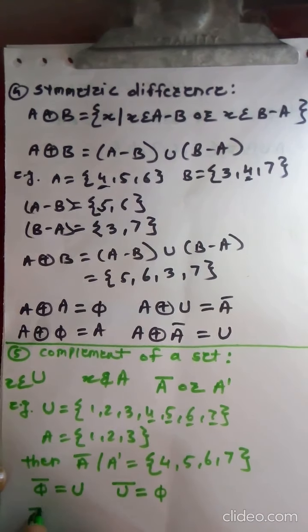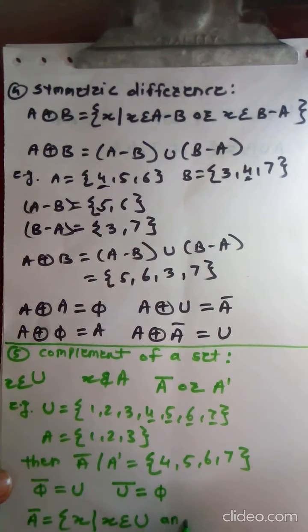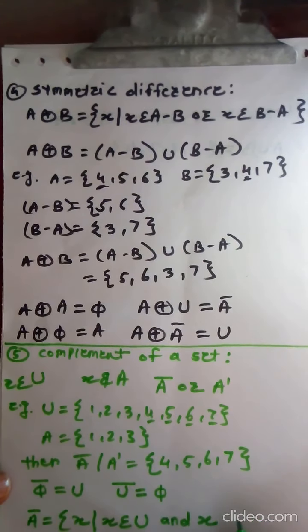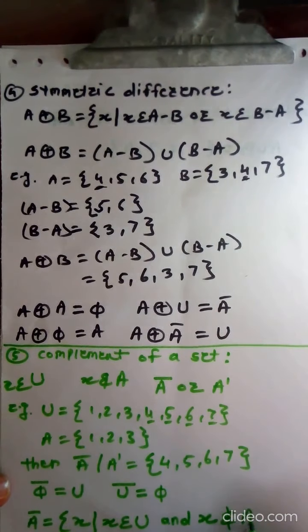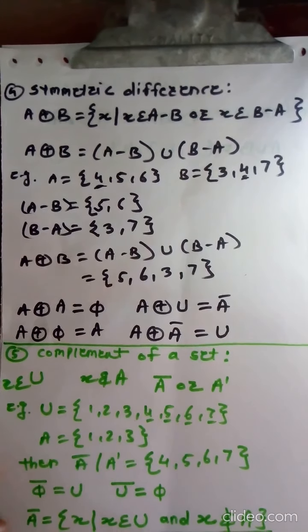So in short, A's complement is the set of x such that x belongs to the universal set and x does not belong to set A. In this way we can represent the complement of a set.